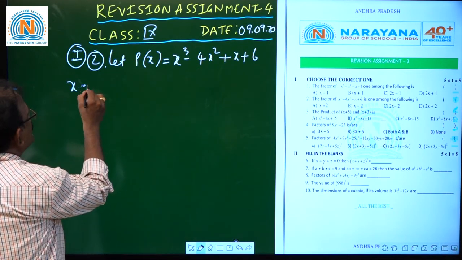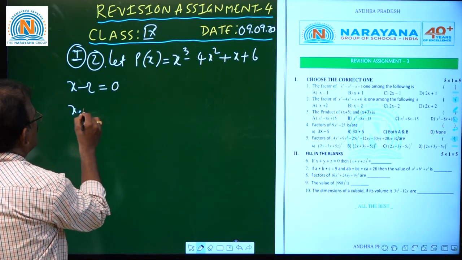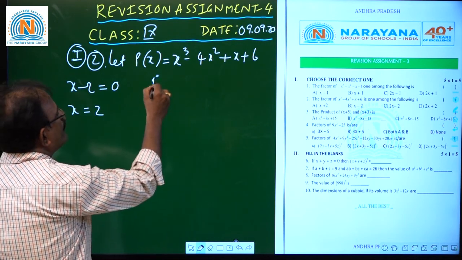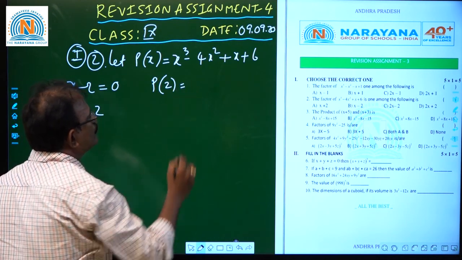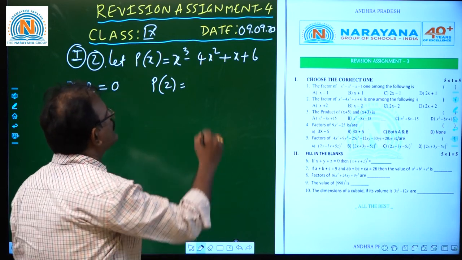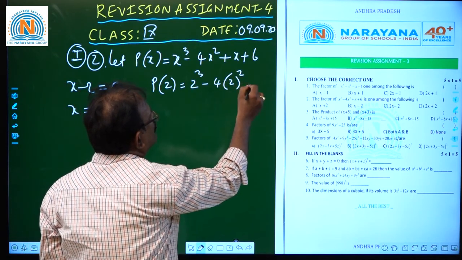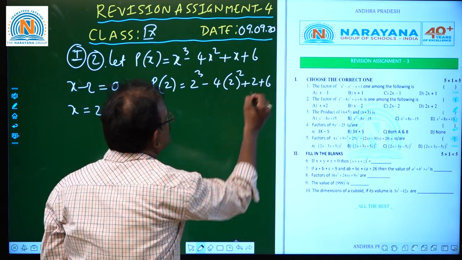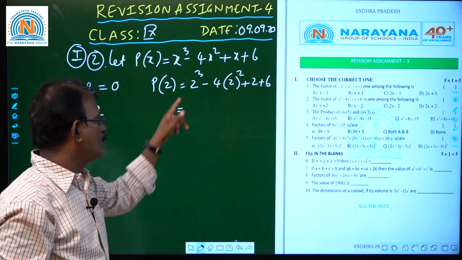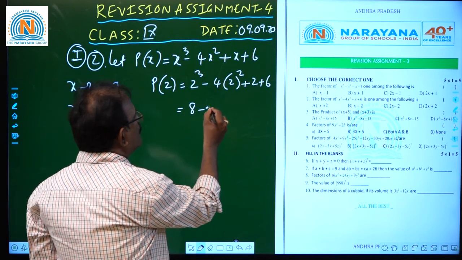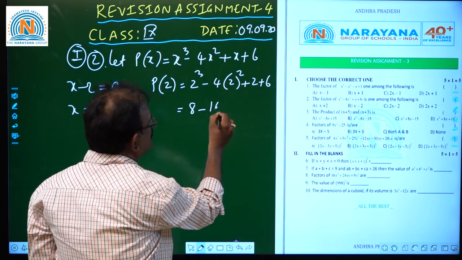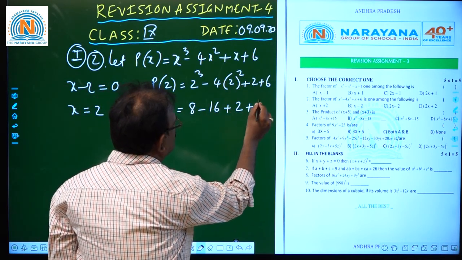Let x minus 2 is equal to 0, so x is equal to 2. Verify the p of 2 value, children. So 2 cube minus 4 into 2 square plus 2 plus 6. 2 cube is 8, minus 2 square means 4 fours are 16, plus 2 plus 6.